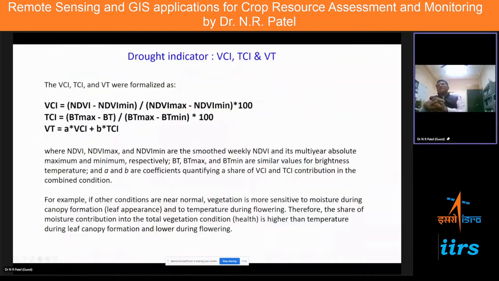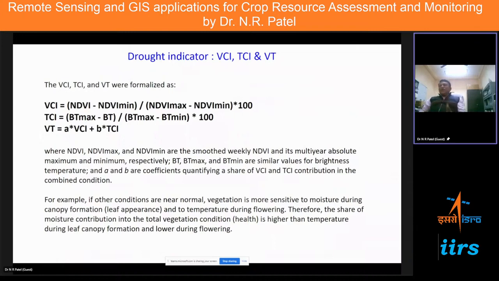One combined index, for example, combines the vegetation condition index and the temperature condition index, and combining both these things, we can compute vegetation health. Vegetation health is a good indicator because it takes care of both temperature condition as well as vegetation condition. Vegetation is a product of the soil moisture fluctuation, highly sensitive to soil moisture. But at the same time, temperature is equally important.